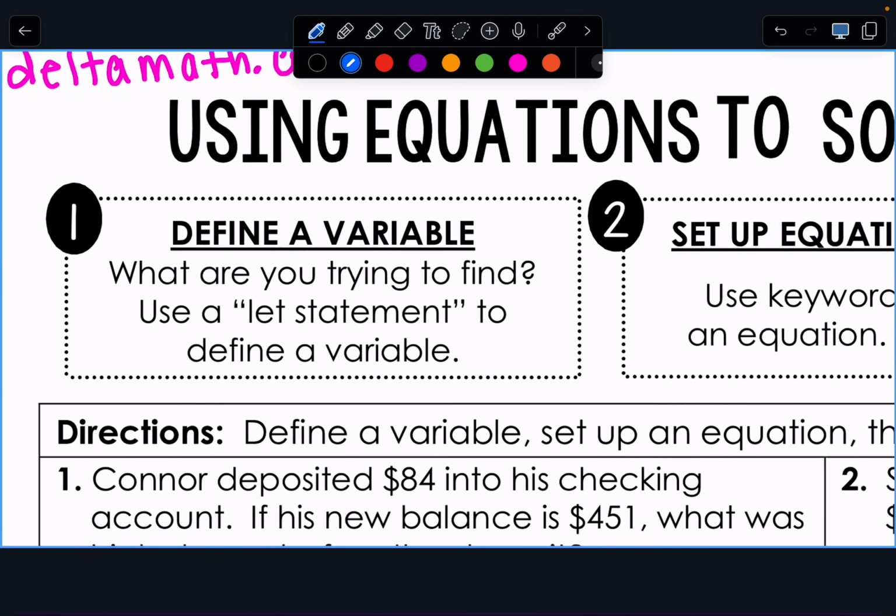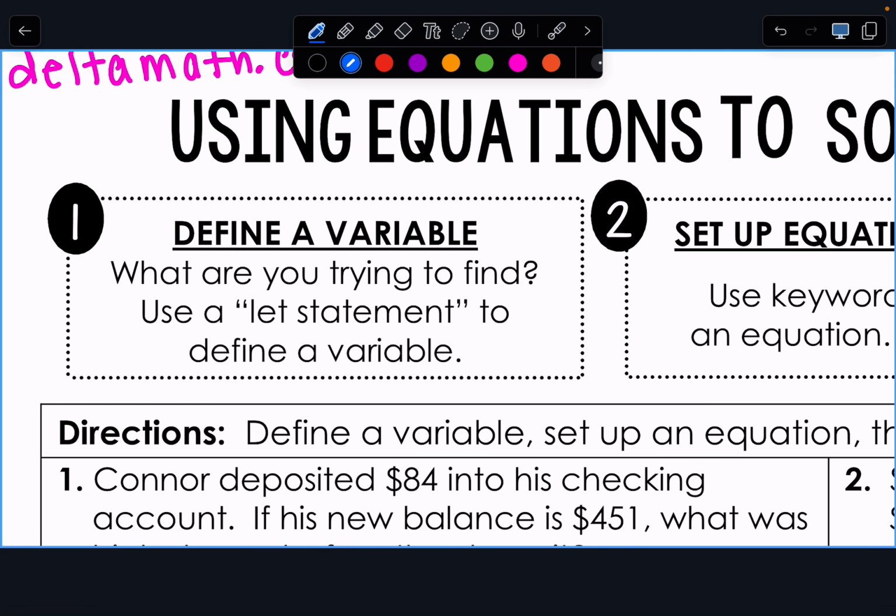Okay, so since the equation is not written for us, they're just giving us a bunch of words. The first thing you're going to have to do is what I call define your variable. So you're going to pick a letter, X, W, J, whatever it is, and you're going to tell me what it represents.